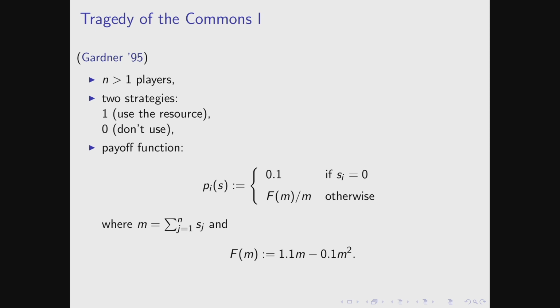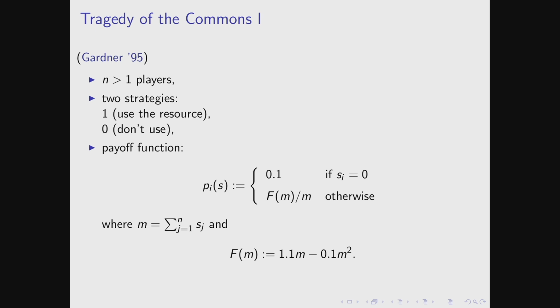One is you put the cow, zero you don't. And now the payoff is very artificial, but it illustrates a certain principle. If you do not put the cow on this common meadow, then you get 0.1. And if you do put it, it depends how many cows are there. So this M is the sum of the number of the cows which were brought there, because one is that you put the cow there.